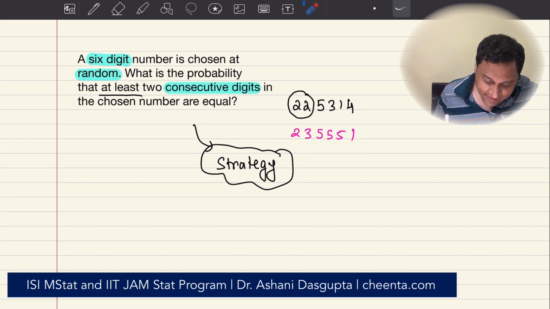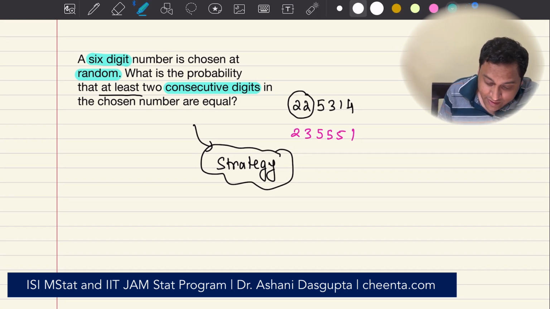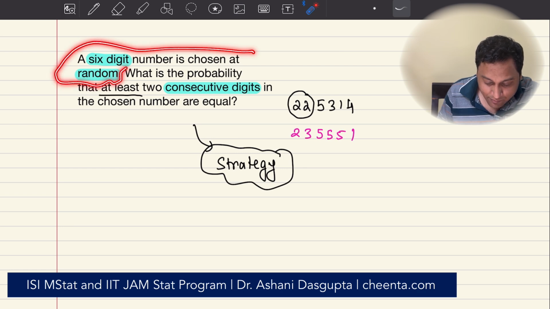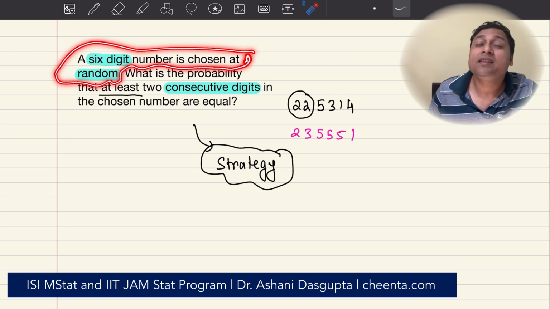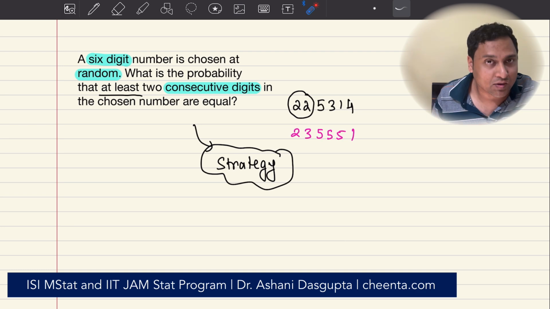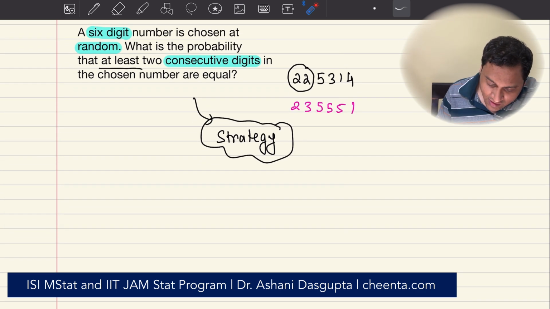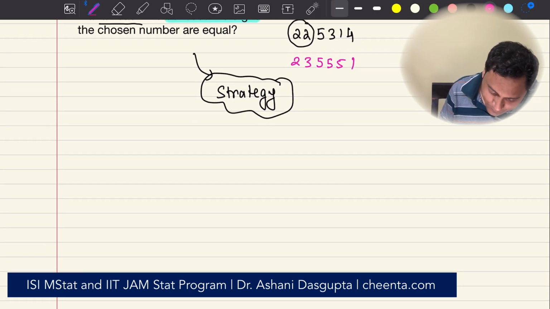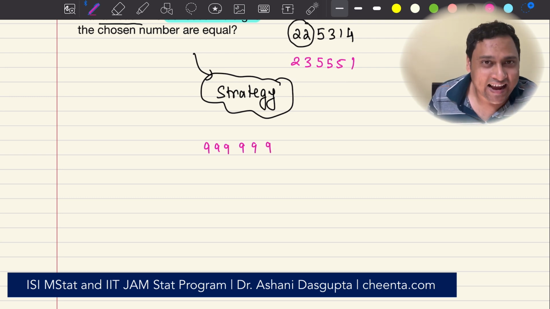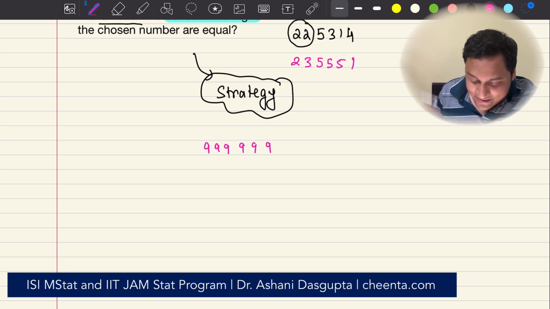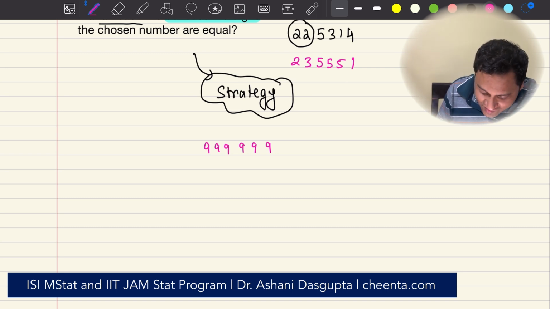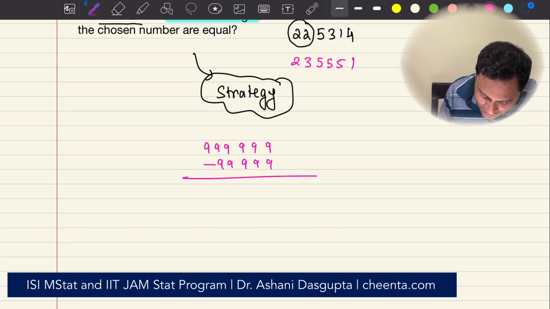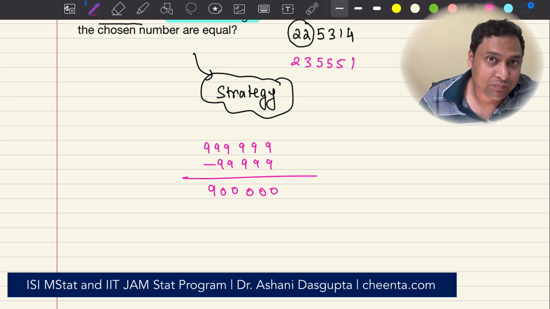The first thing is, we have to calculate all the 6-digit numbers that are there. How many 6-digit numbers are possible? Of course, the largest 6-digit number is comprised of 6 nines, 999,999, and the largest 5-digit number is just this. So if you subtract these two, you will get the number of 6-digit numbers.